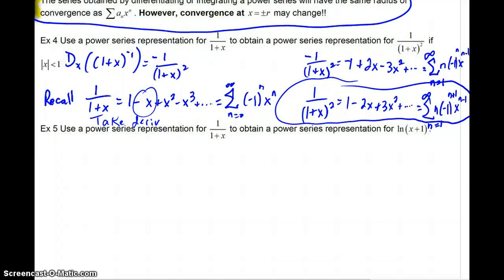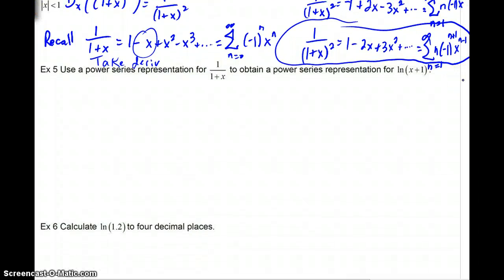Similarly, let's obtain a power series for natural log of x plus 1. You might guess we're going to take an integral. So again, working with this same series from above, 1 over 1 plus x is equal to 1 minus x plus x squared minus x cubed, dot dot dot, and we'll even write our sigma here.